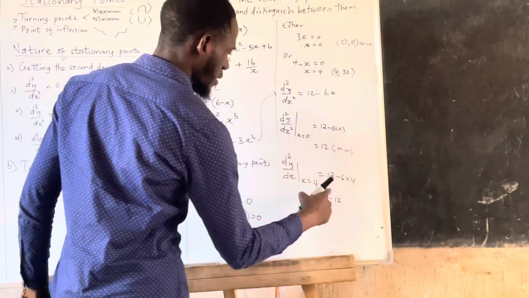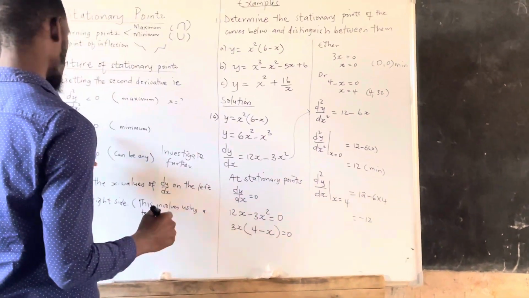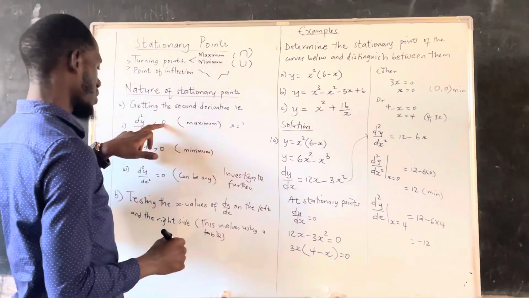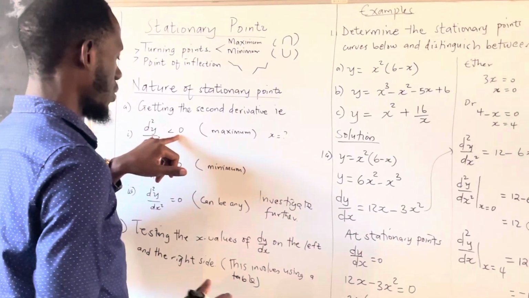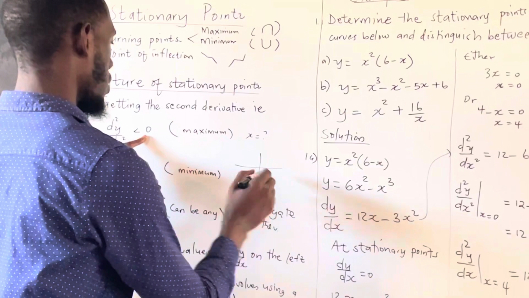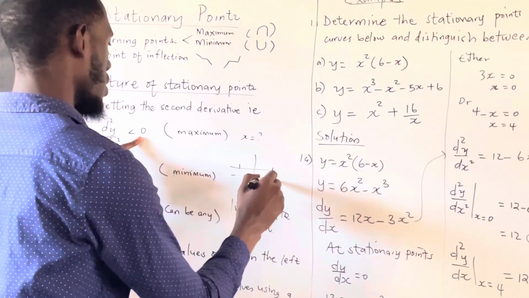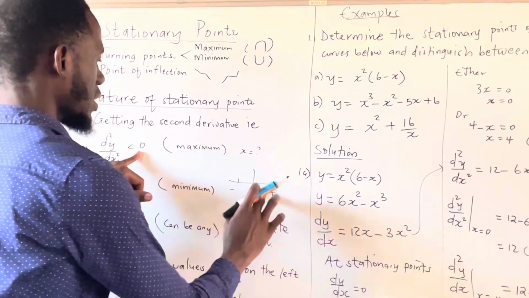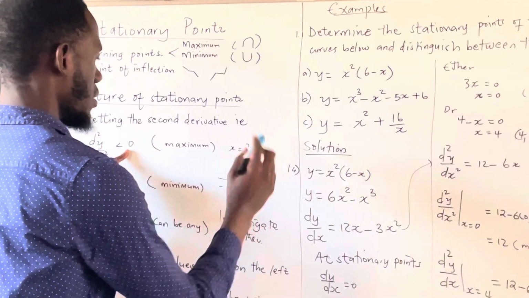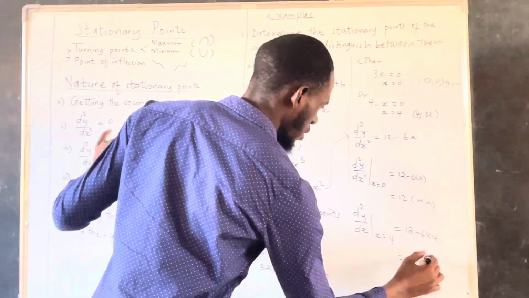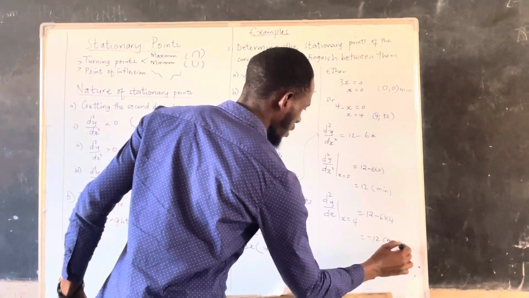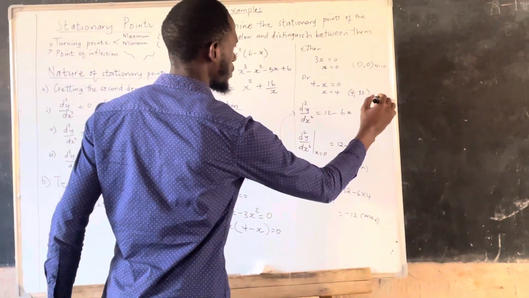Since this is less than 0, and all values less than 0 are negatives on a number line, with the values above 0 being positives, positive gives us a minimum and negative gives us a maximum. So this is going to be a maximum turning point.